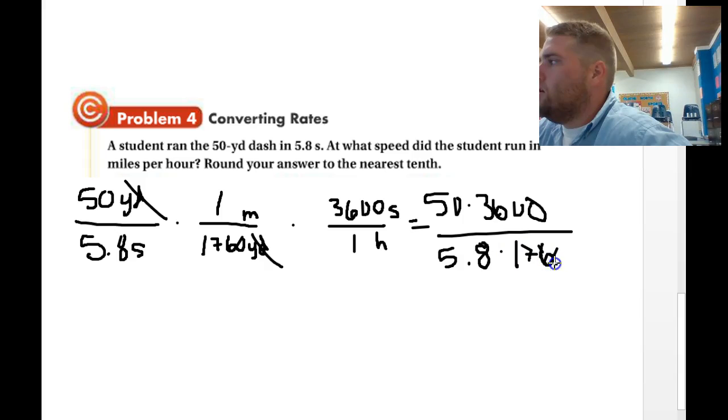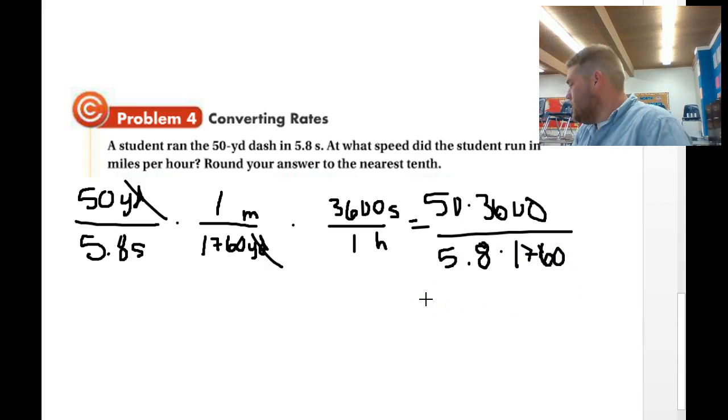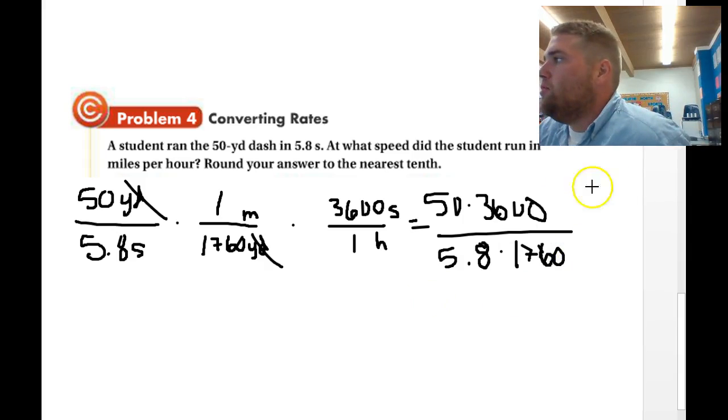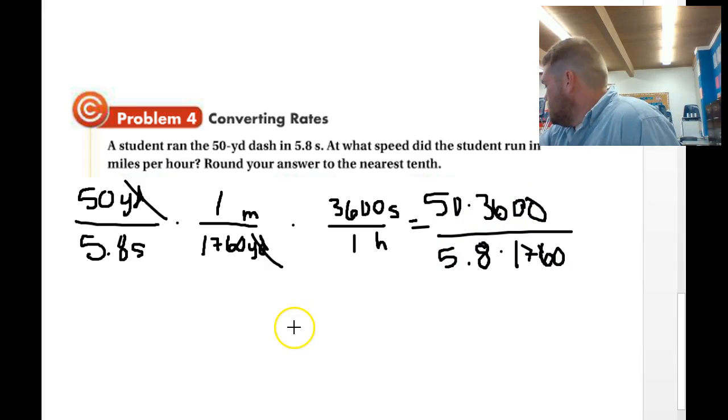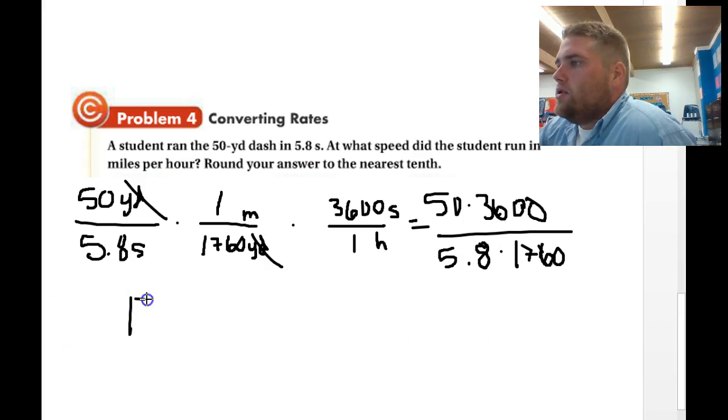When you plug this into your calculator, you get an answer of 17.6 miles per hour.